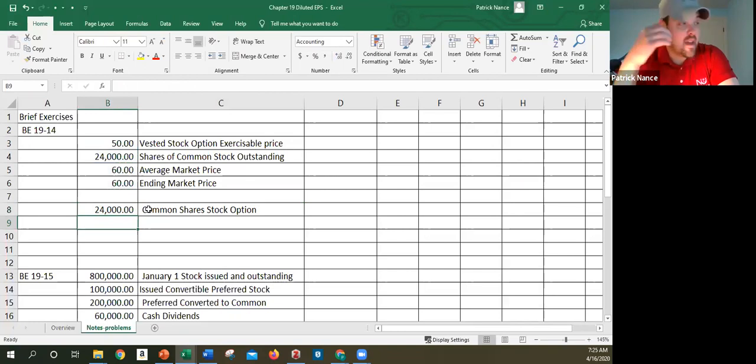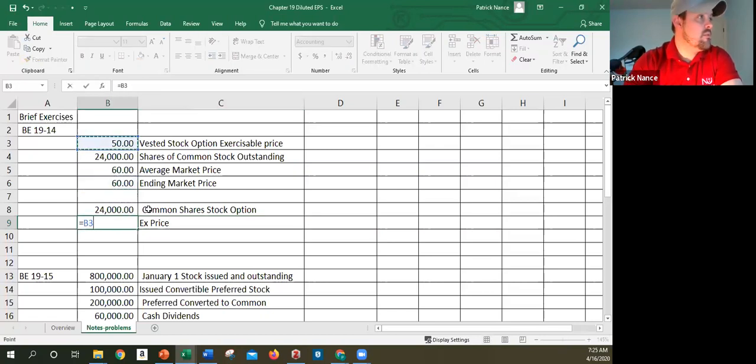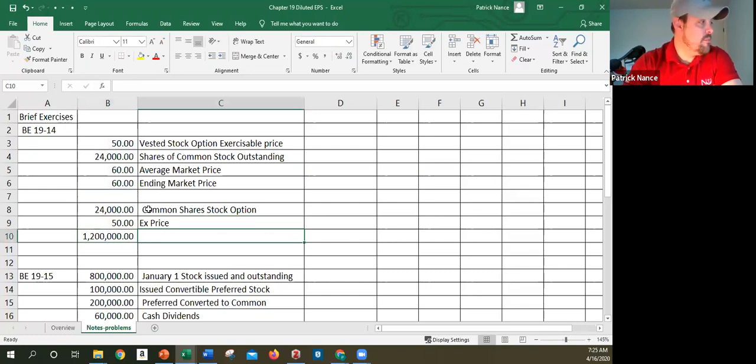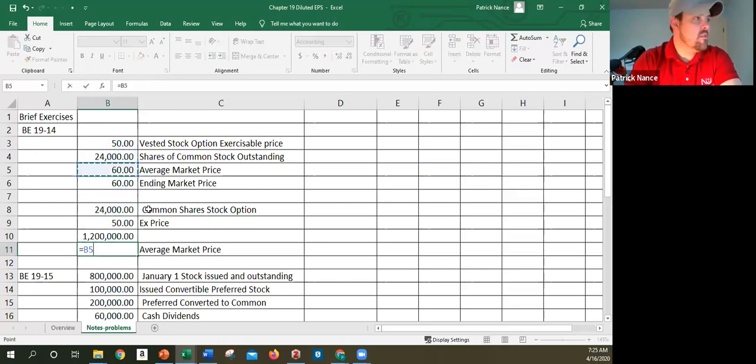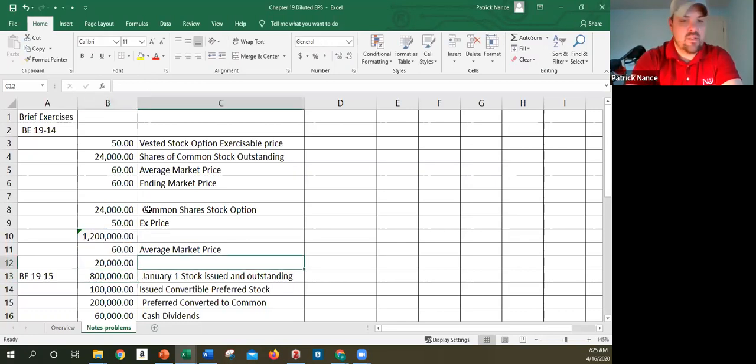And we need to multiply that by the exercise price, which is 50. For 1.2 million. And then I'm going to take that divided by the average market price, which the average market price was 60. So 20,000 shares.